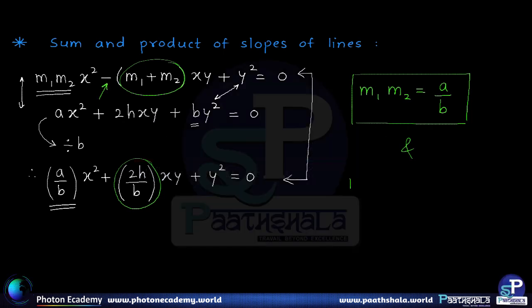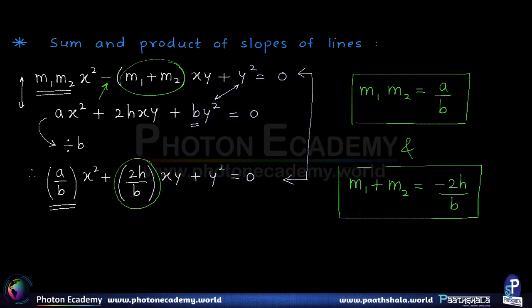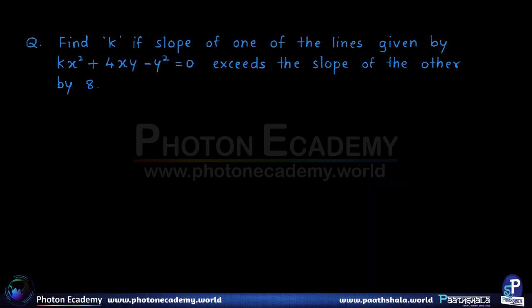So we have m1 plus m2 equal to minus 2h by b. These are two very important results because they connect the two different forms of equation of the same pair of lines. Now let us go ahead and practice one example based on these formulae.